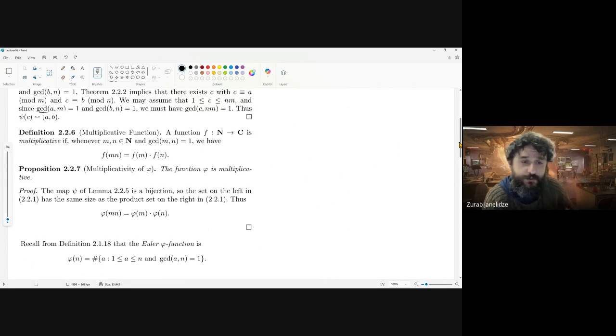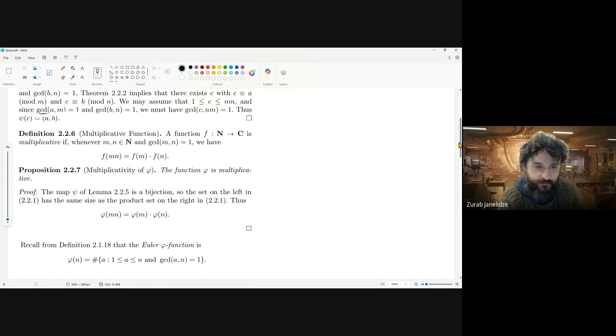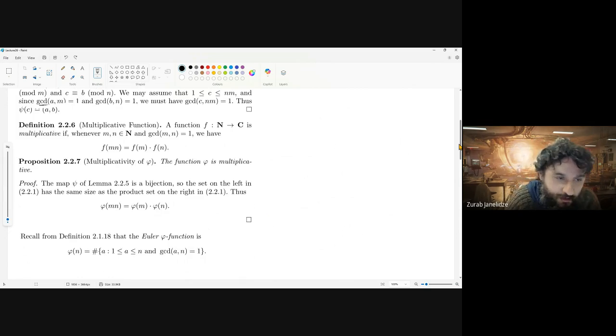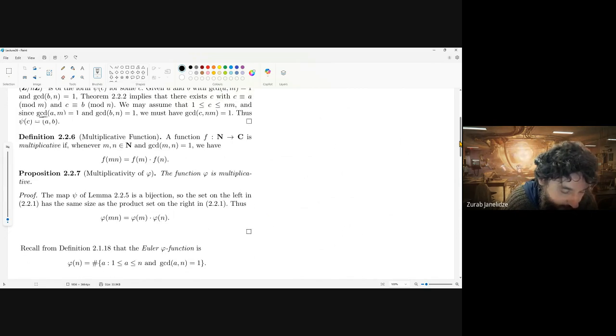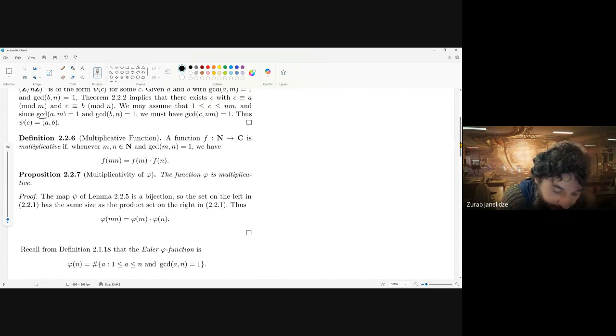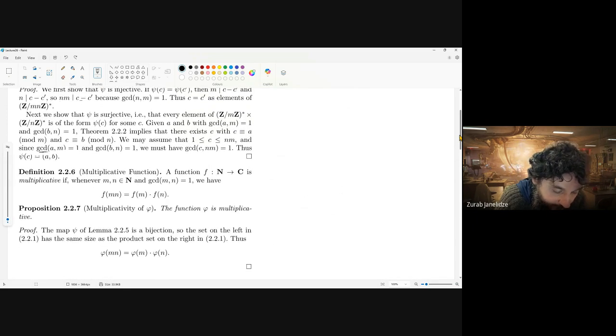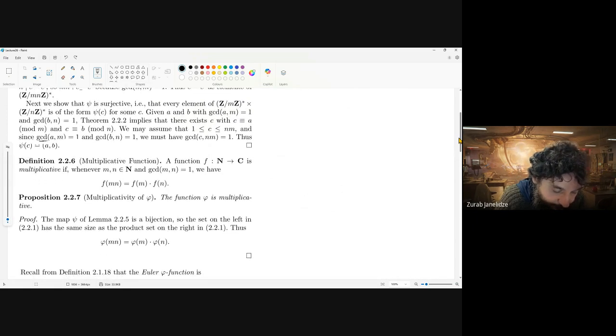And then I will show you why this is useful, why to know that it's multiplicative. It will actually help us compute its values in many cases. So why is the function multiplicative? Well, let's see.